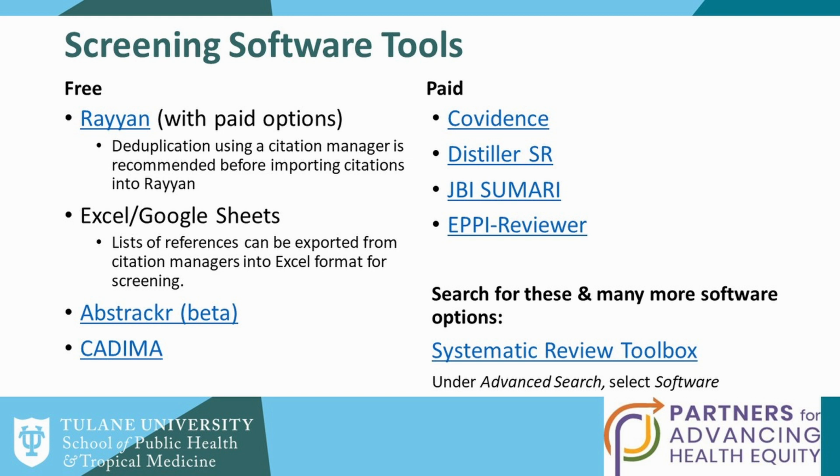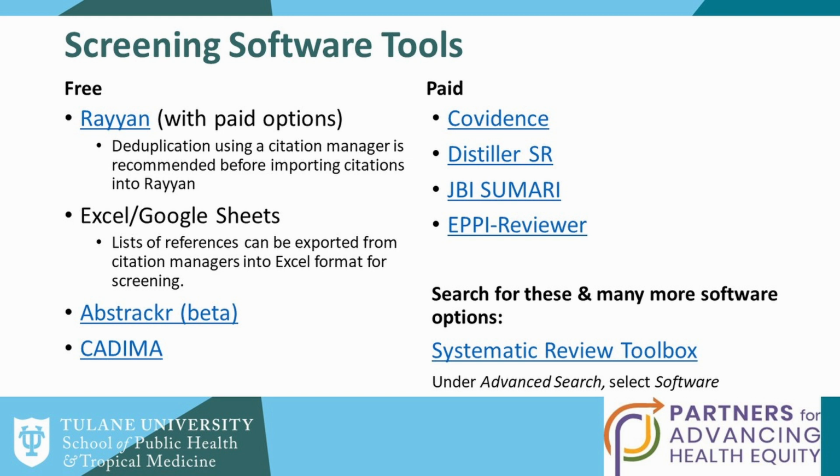And I included a couple of other links. One is called Abstrackr. It's been developed by Brown University, and it's open source, and it's in beta testing right now. And there's another one called Kadima, and I'm less familiar with it, but I see that it is also recommended. And there's also some paid services depending on your budget, your department's budget, that might be an option.